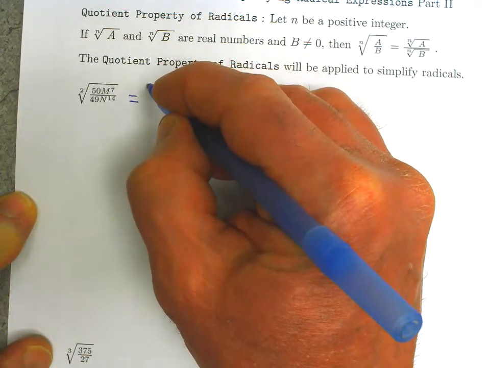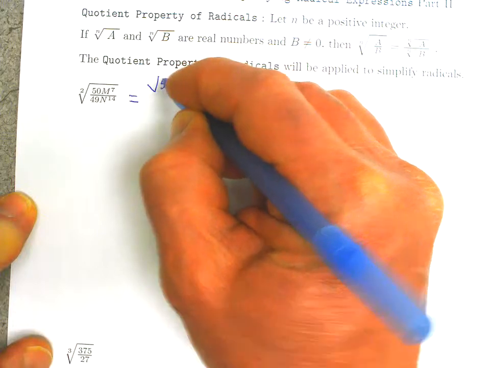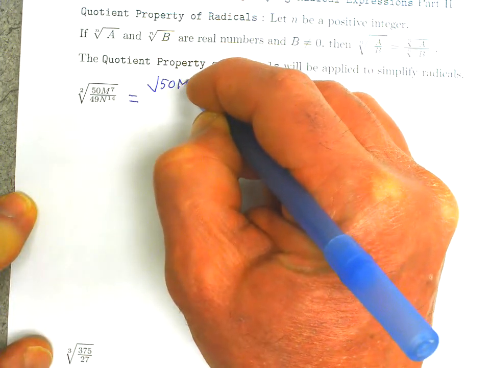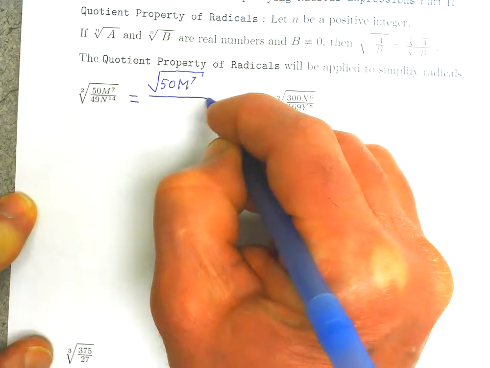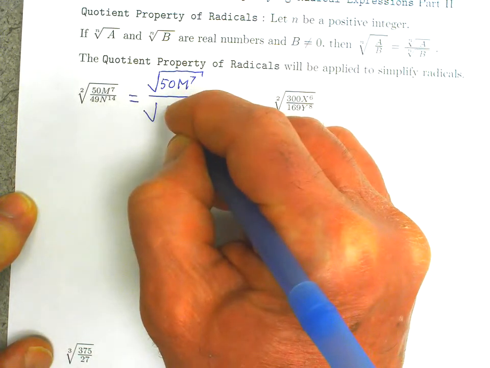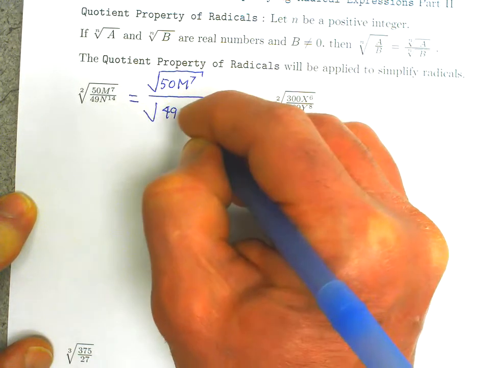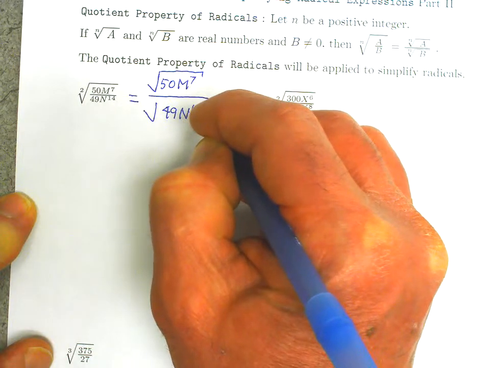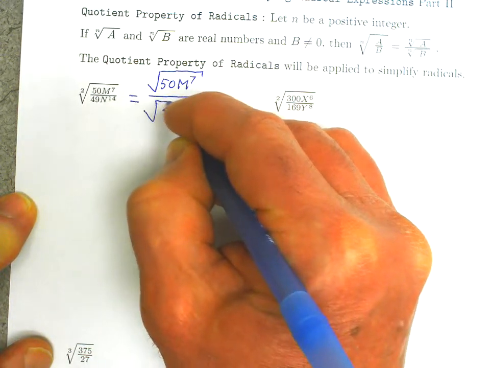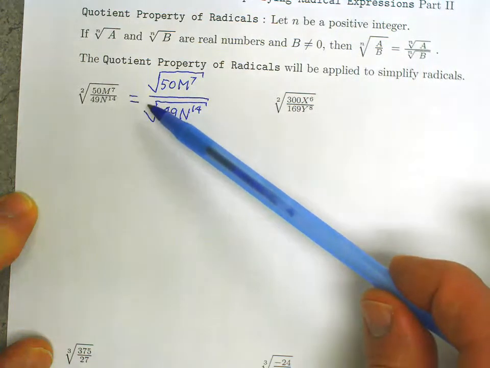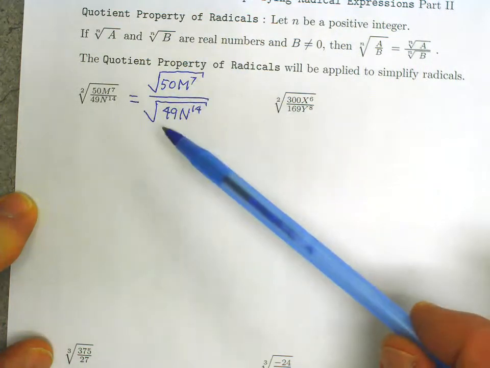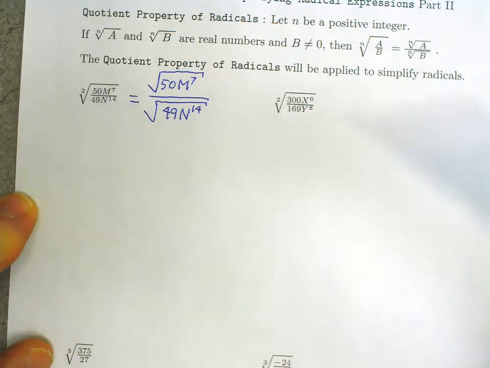I'll have a square root of 50m to the 7th in the numerator, and in the denominator I'll have the square root of 49n to the 14th. I'm not going to bother writing the index 2 since the square root is the same.